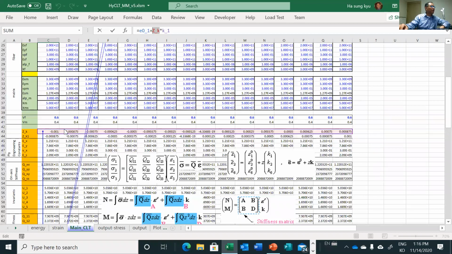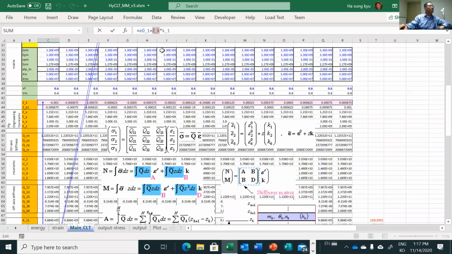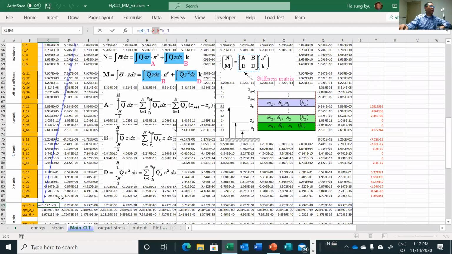Of course this is the bottom and top of each ply, and the coordinate can be easily calculated from the known ply thickness, right? So ZK is coming from that. As you can see, every equation is the same, right?